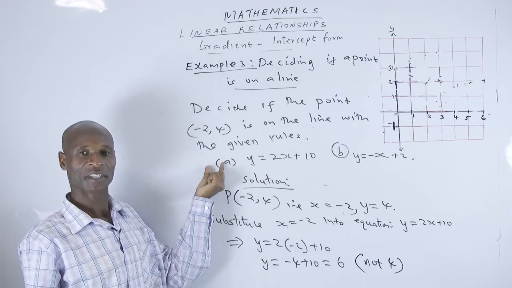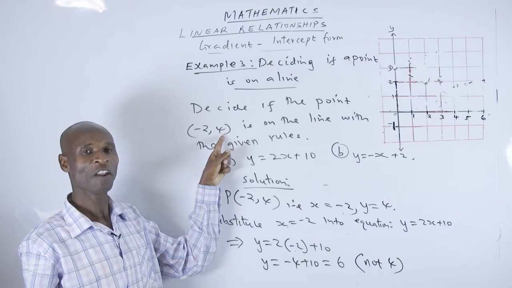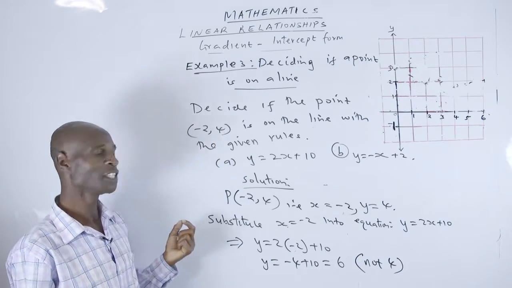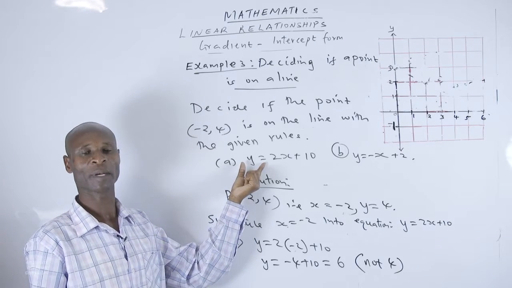So the moment the value of y is not the same as the value of y given in the point, it implies that the point is not lying on that particular line.